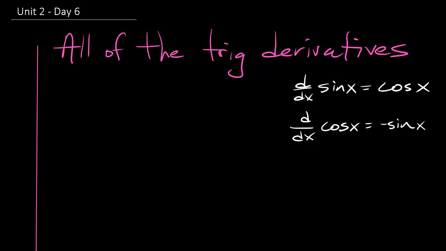Well, we already know that there's 6 trig functions, so that means there's going to be 6 trig derivatives. I'll show you guys how we come up with the other trig derivatives, but we're not actually going to do all 6 of them, or the other 4, I guess I should say. I'll show you how we come up with tangent.